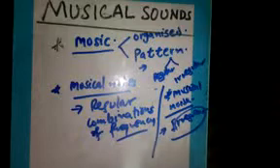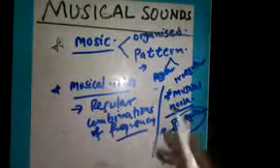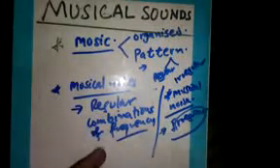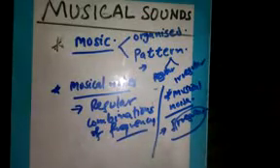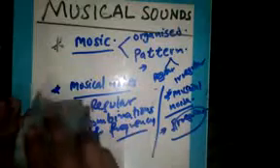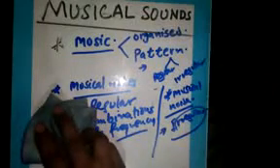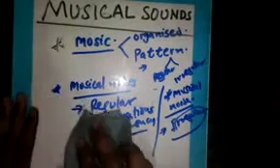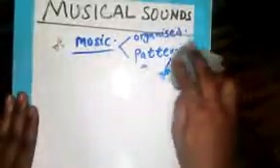In most cases, you will be asked to define what musical notes or musical noise are, and also to distinguish between musical noise and musical notes. With that point, we have another term which we call the musical scale.